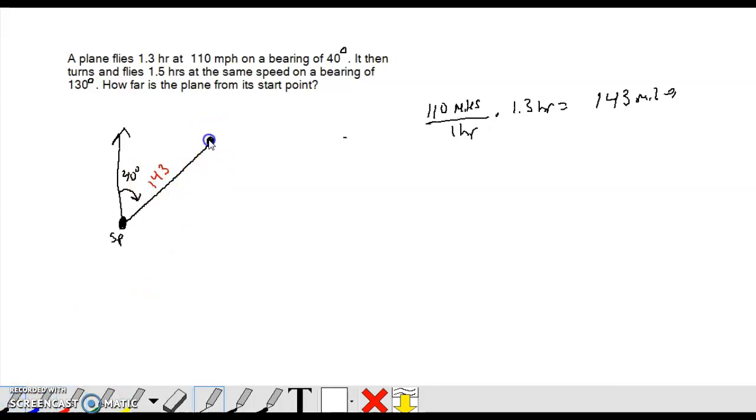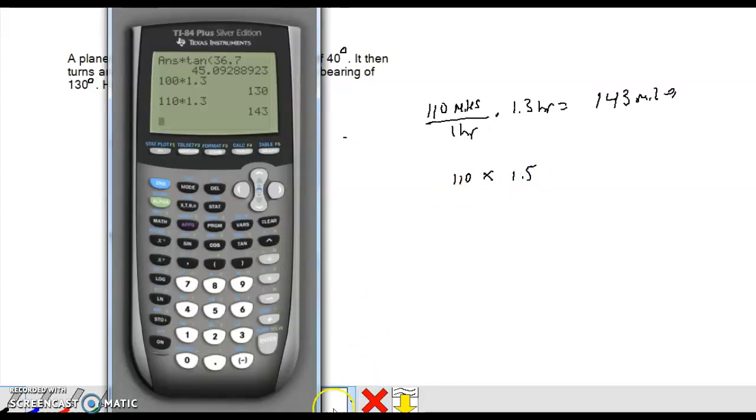And then what happens? So again, at this point right here, here's due north. I do a bearing of 130 degrees. So again, if this is 90 degrees, this is 180. 130 is probably somewhere right about there. So here's my 130, and I'm traveling for 1.5 hours. So I'm going to do this one more time: multiply 110 by 1.5.